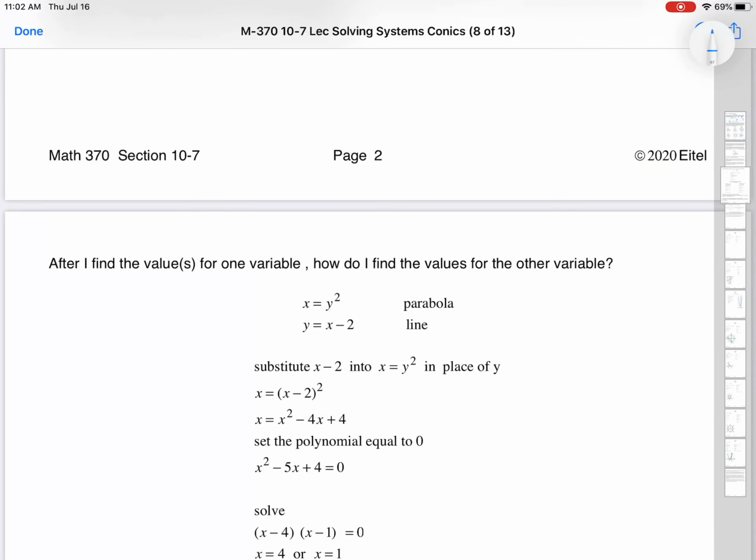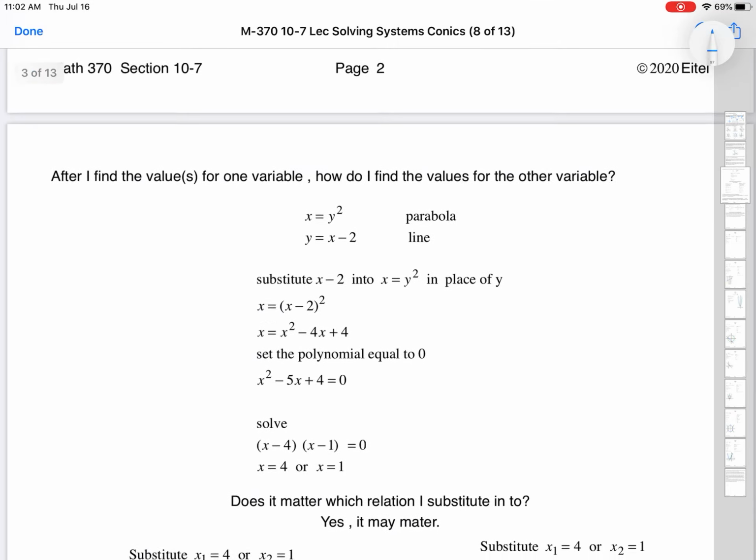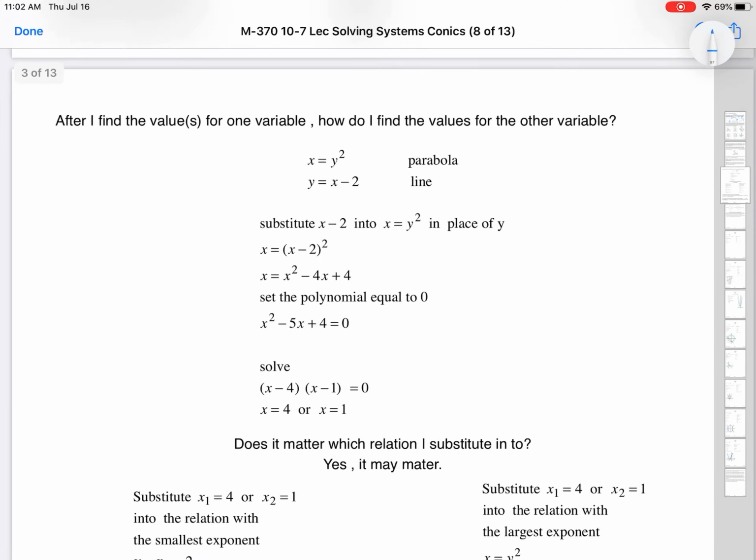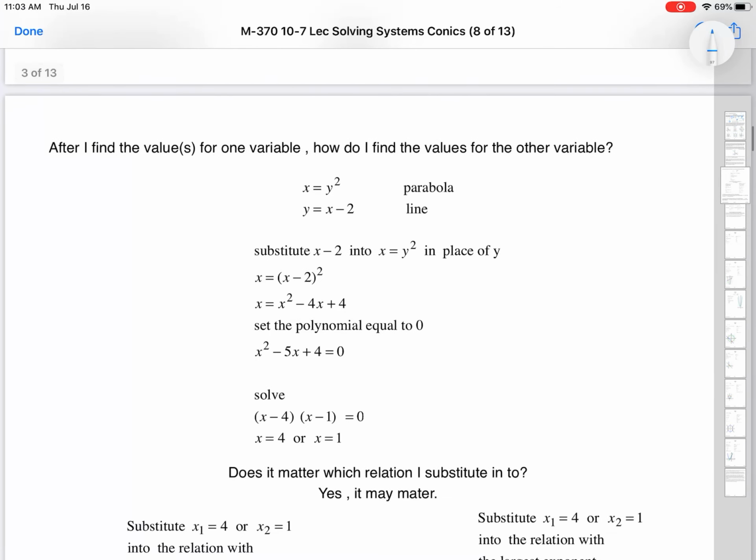So what's happening in something like this? Let's just read this. After I find the values for one variable, how do I find the values for the other variable? If we take a look at something like this, one would be nicely done through substitution. He's going to substitute the second equation into the first.